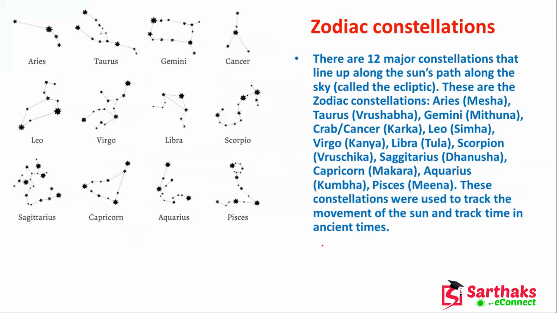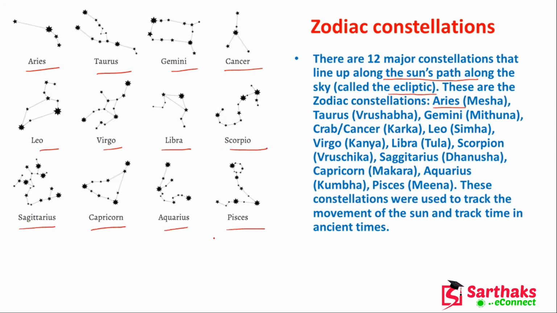Okay. Now the zodiac constellations. There are 12 major constellations that line up with the sun's path along the sky, called the ecliptic. And these are the zodiac constellations: Aries, Taurus, Gemini, Cancer, Leo, Virgo, Libra, Scorpio, Sagittarius, Capricorn, Aquarius, Pisces.